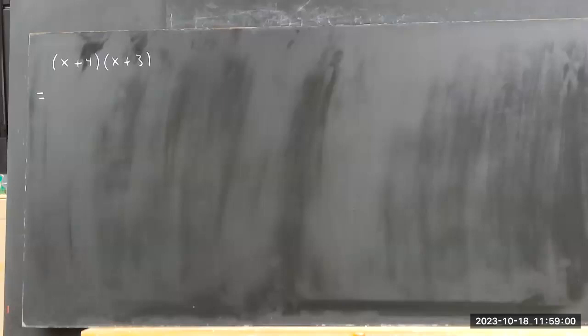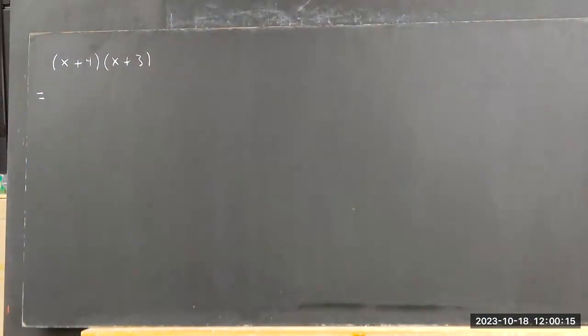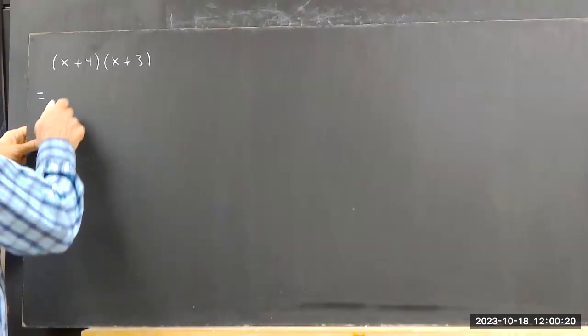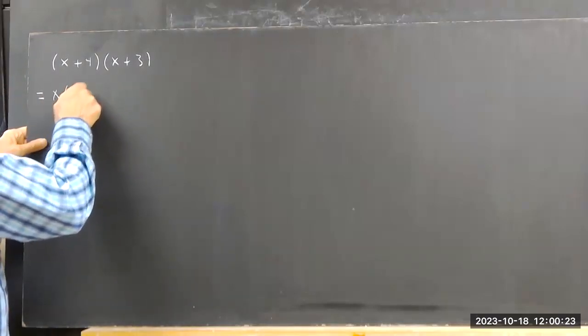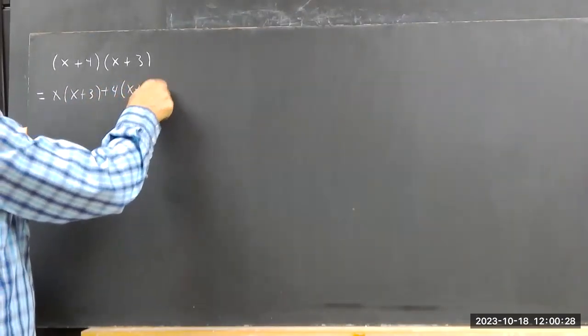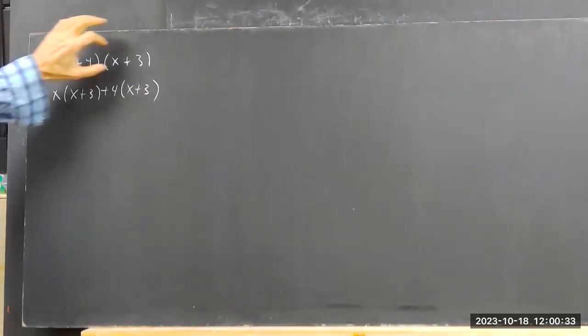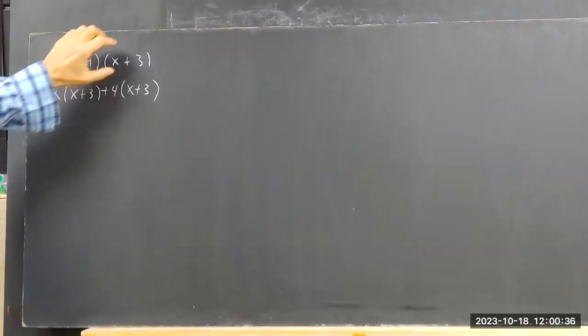Okay, and our first task will be to use the distributive law to multiply out this pair of binomials. It appears that everybody's on track to get this. I'm going to use the distributive law, and then I'll do it the way I see most people do it. And we've seen this before. x plus 4 multiplied by x plus 3 means x times x plus 3 plus 4 times x plus 3.